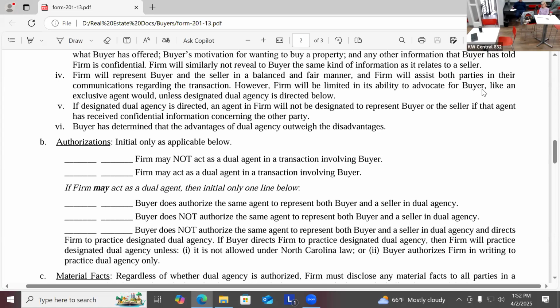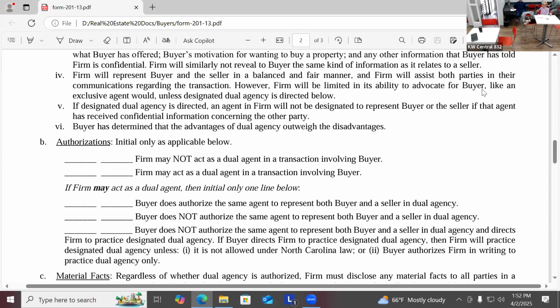And so the next step, because we own market share and the number of agents that we have in our firm, there's a high likelihood that we're going to get into a dual designated situation. I think it's just that very last part. It is not allowed in North Carolina law, and then the next sentence.